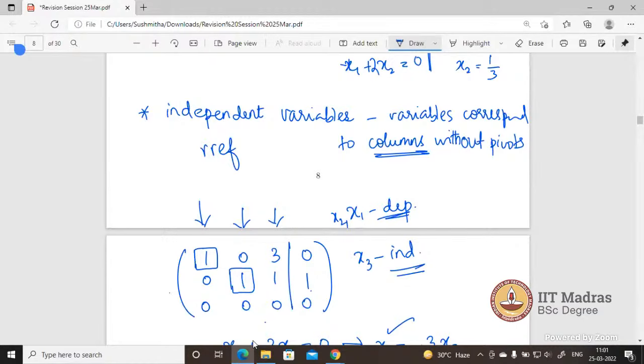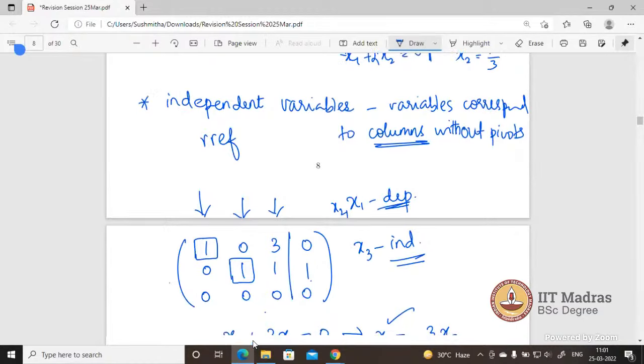Okay. So we wanted to do an example where we find the inverse using Gaussian elimination. So what was it? 2, 0, 1, 0, 1, 0. We already know the inverse of this matrix, right? We calculated it some time back.